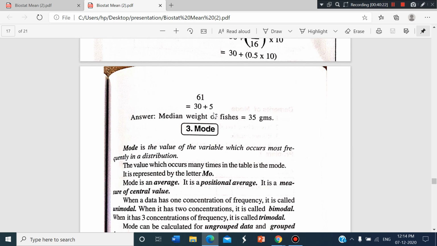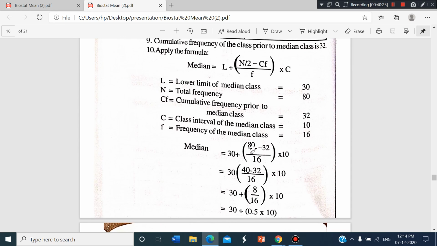So 35. So the median weight of fishes is 35 grams.